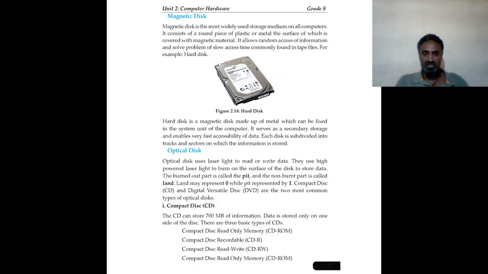Compact disk, CD, and digital versatile disk, DVD, are the two most common types of optical disks. What are the two types of optical disks? Compact disk, CD, and digital versatile disk, DVD. What's the difference between the two?